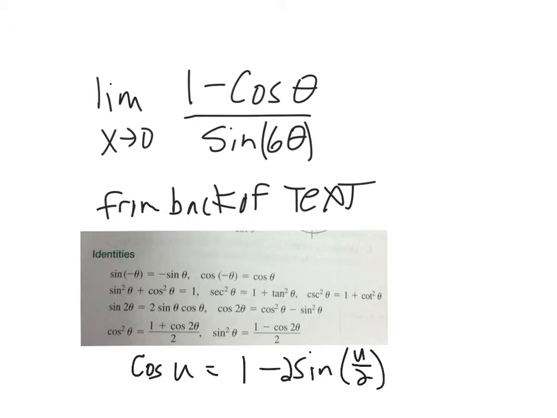Sorry, this should be sine squared. So how do they get that out of these two things? Well, not these two things, out of either this one or this one.